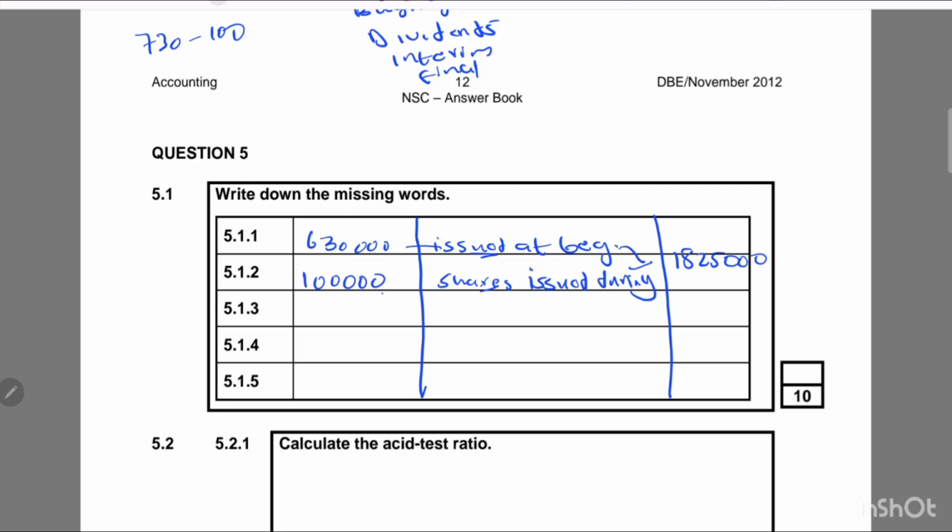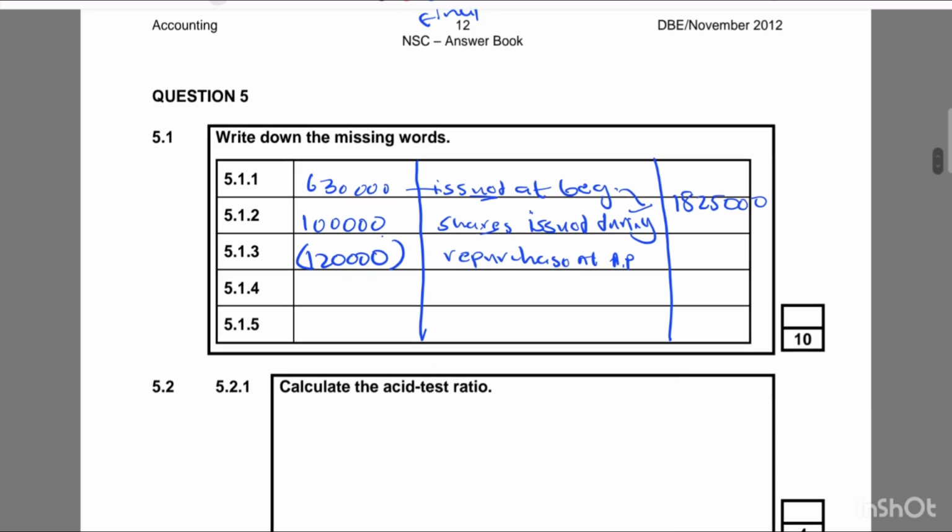All right, then remember I have added the buying back, so 120,000 shares repurchased at, guys, when you come here it must always be an average price. How much is the average price? Remember, how do we calculate the average price? It's the total amount of shares issued divided by the total number of shares issued.